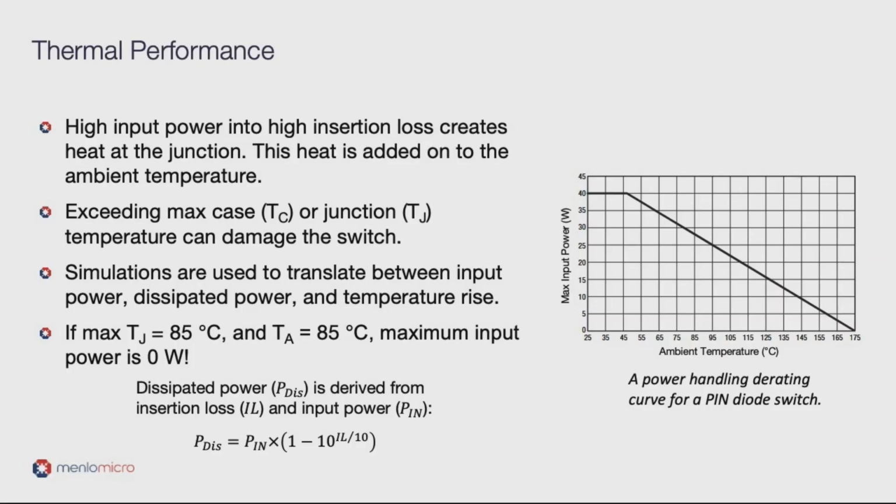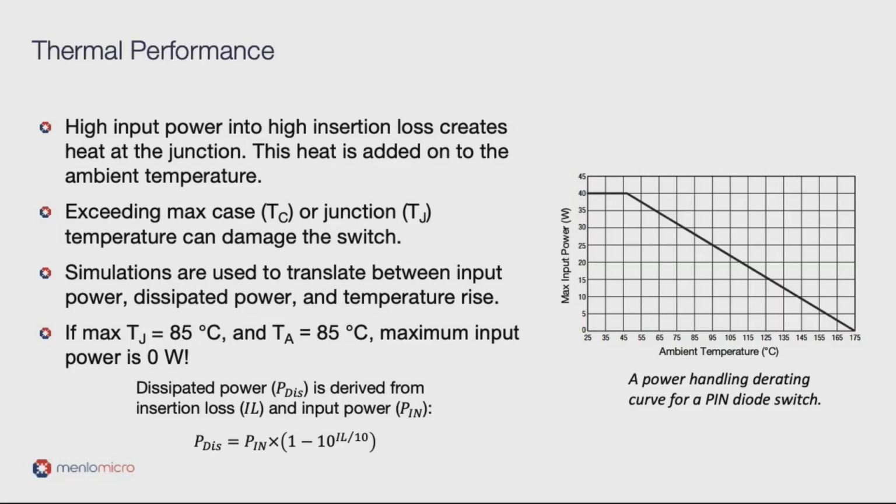This is why simulations are important to translate the dissipated power into the specific temperature rise inside the switch, just like for an active component like an amplifier. One important consideration when looking at a datasheet for a high power switch for your application is the difference between maximum case, junction, and ambient temperatures.